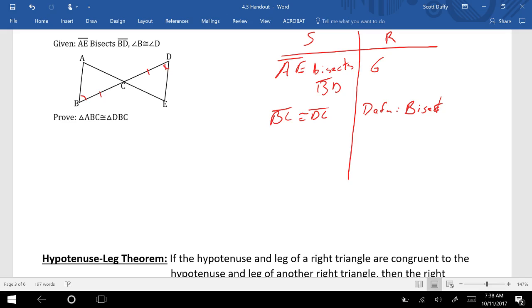We aren't given anything else, but what we can see is that these are vertical angles. We'll call this angle ACB and DCE. And they are congruent because of the definition of vertical angles.